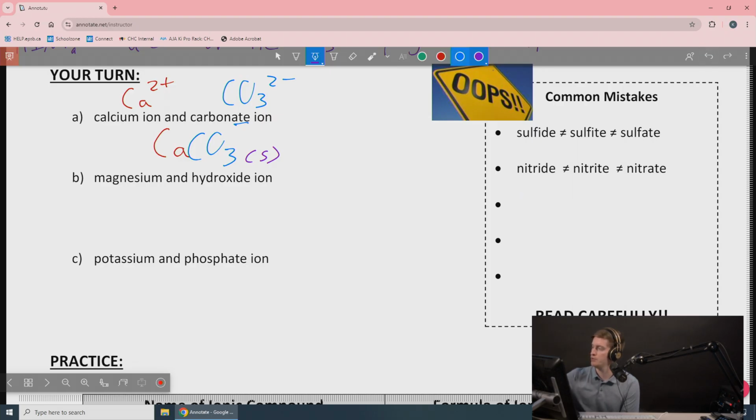We'll keep them in blue. These are all anions. Chloride is not the same thing as chlorite, which is not the same thing as chlorate. Similarly, iodide is not the same thing as iodate.